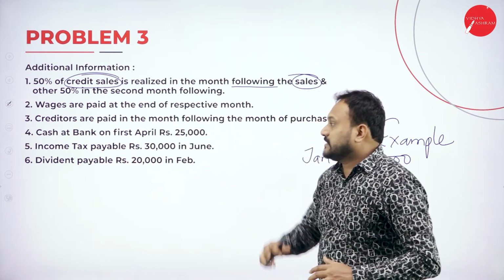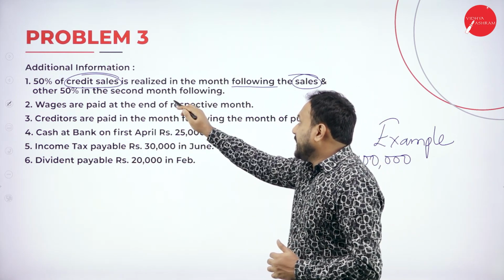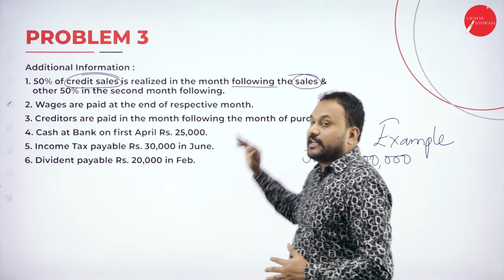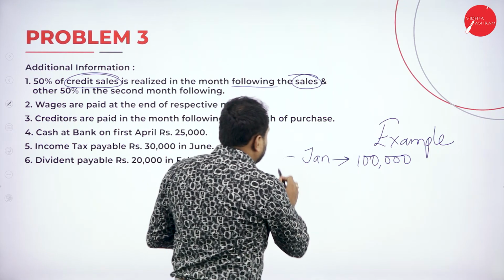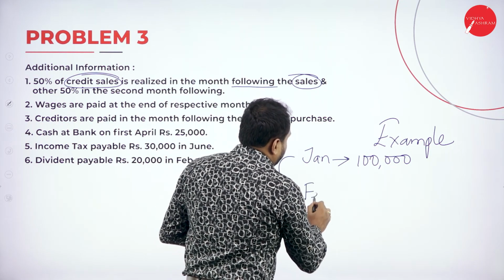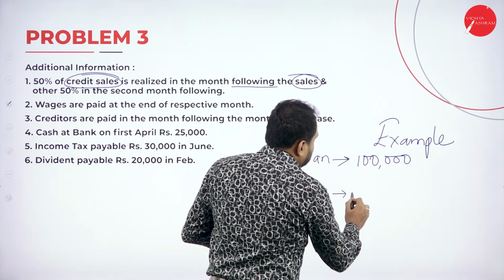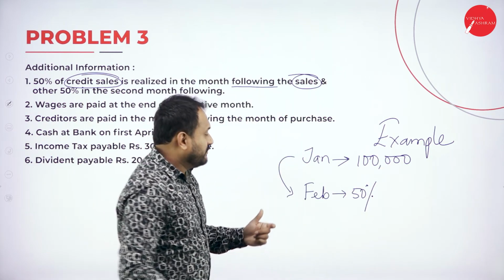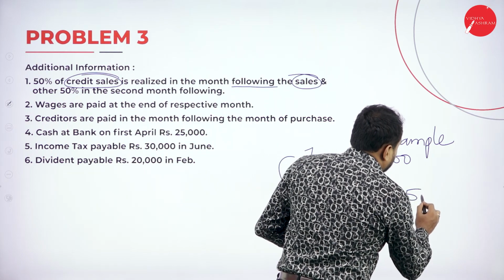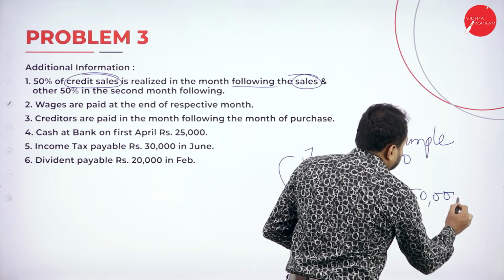Now, 50% of credit sale is realized in the month following the sales. So when has the sale happened? In the month of Jan. But the following month is what? The month of February. So here 50% of this is done. That means 50,000 I have received.